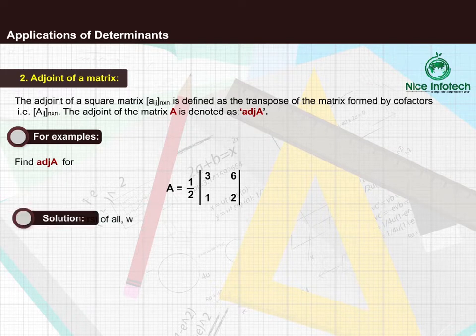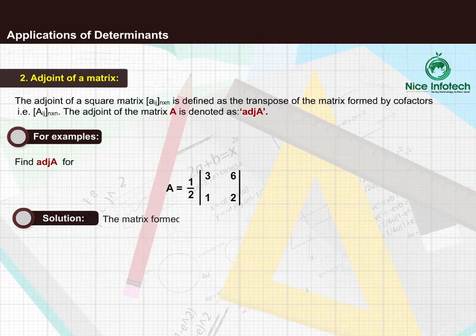Solution. First of all, we will find the minors. M11 is 2, M12 is 1, M21 is 6, M22 is 3. Now the cofactors will be A11 is 2, A12 is minus 1, A21 is minus 6, A22 is 3.